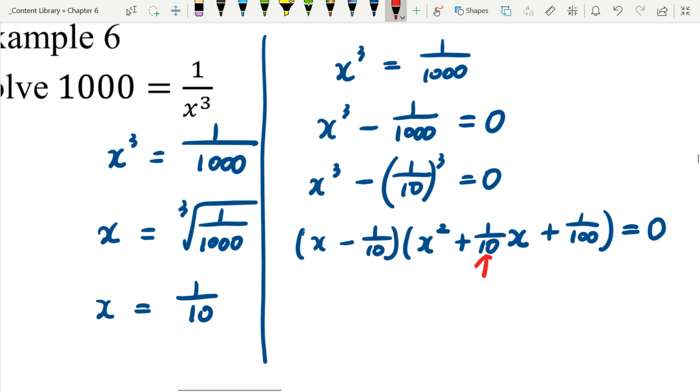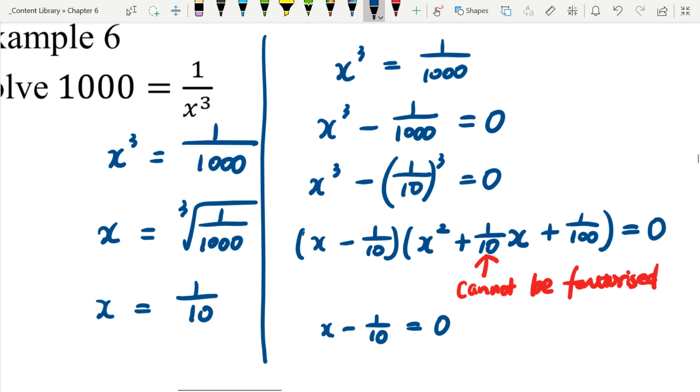Because I use that formula, the quadratic cannot be factorized. You don't need to do anything with that because that's the formula and you can't factorize it. So there's no solution for that bracket. So you only have x minus 10 equals 0 and x equals 10.